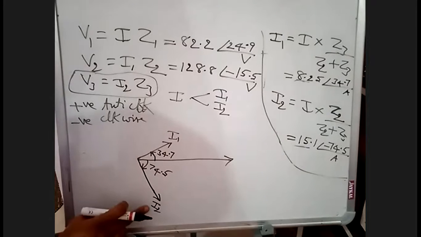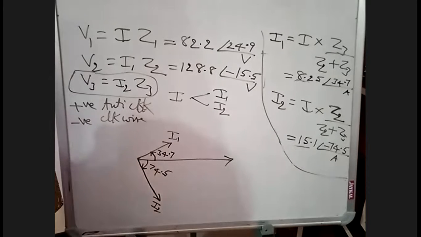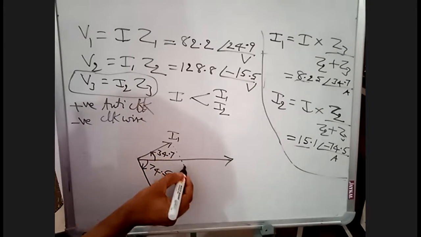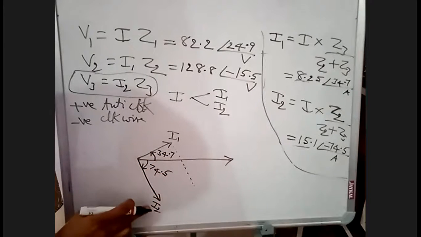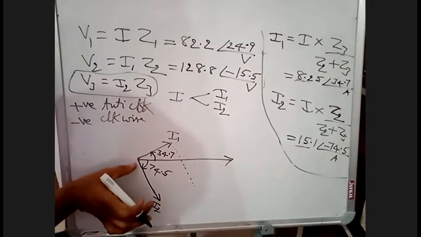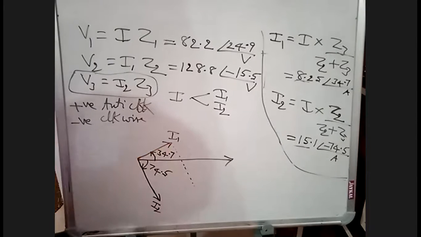Now you can construct the parallelogram. For I2, take the parallel line from I1. These two are parallel lines. Suppose this is 6 centimeter, this is also 6 centimeter.